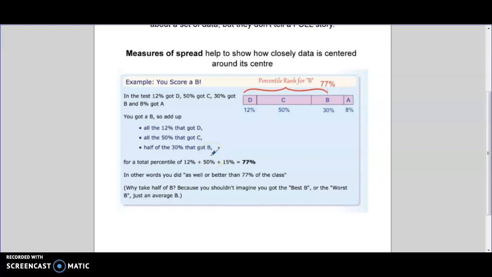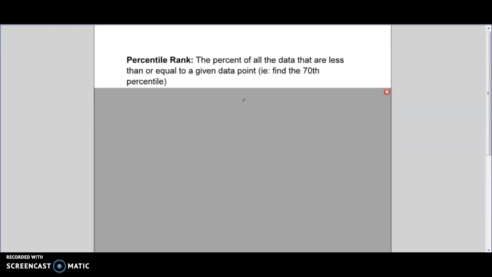That tells me that you did as well or better than 77% of the class. So that is a way to see where you are relative to everybody else in the class as opposed to just comparing yourself to a median or a mean average.